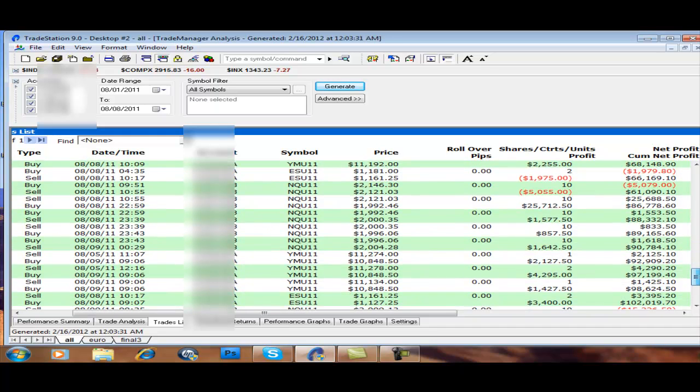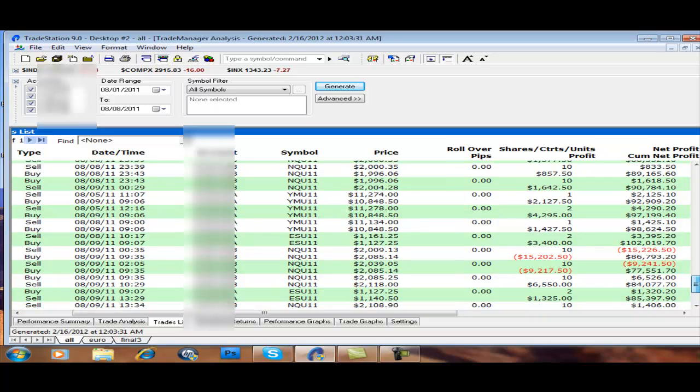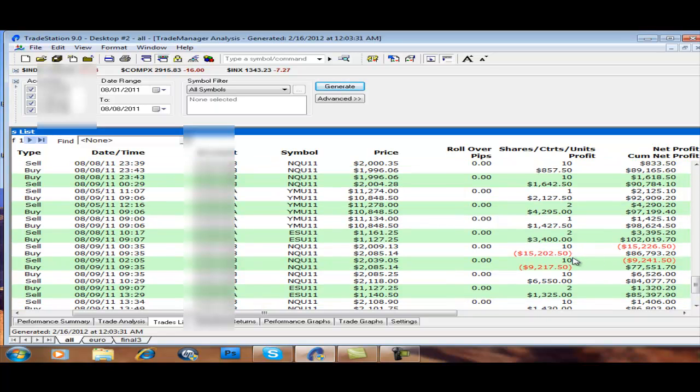So you have to be able to spot those, and you can see here, this is August 9th. I took an early morning trade the wrong direction, and by 9:30 it was worth that much less.